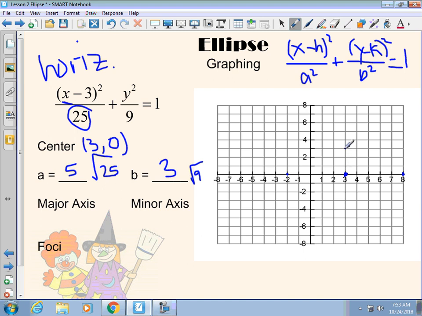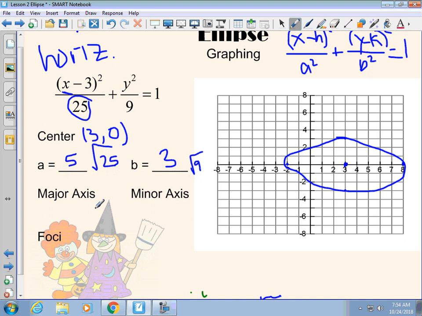1, 2, 3. Okay. And then I kind of suck at free drawing, but there's my ellipse. Okay. In order to get the foci, I need to use that equation c squared equals a squared minus b squared.